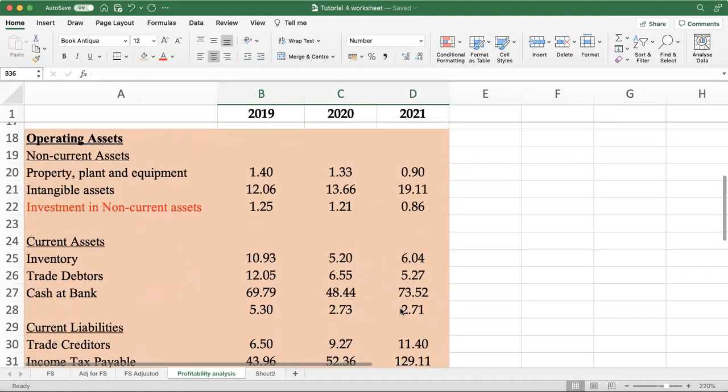Right. Now these are the turnover values.